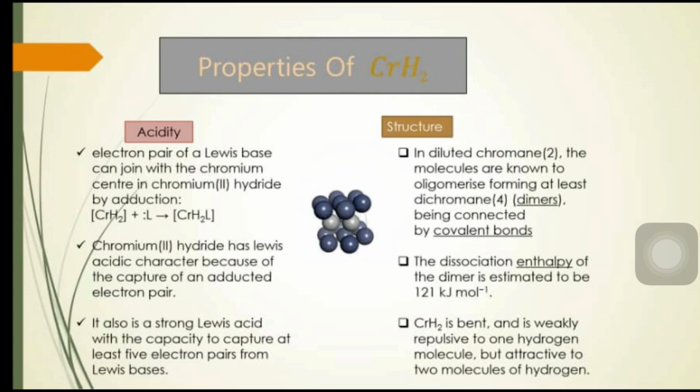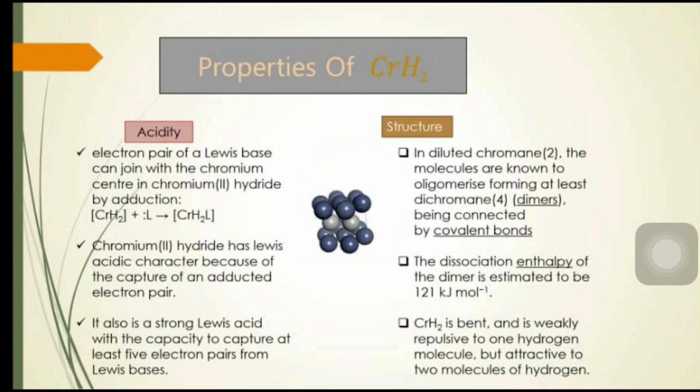The properties can be separated into two, which are acidity and structure. For acidity, an electron pair of a Lewis base can join with the chromium center in chromium(II) hydride by adduction. Chromium(II) hydride has Lewis acidic character because of the capture of an adducted electron pair. It is also a strong Lewis acid with the capacity to capture at least 5 electron pairs of Lewis bases.